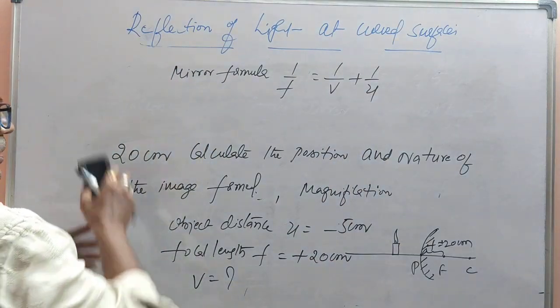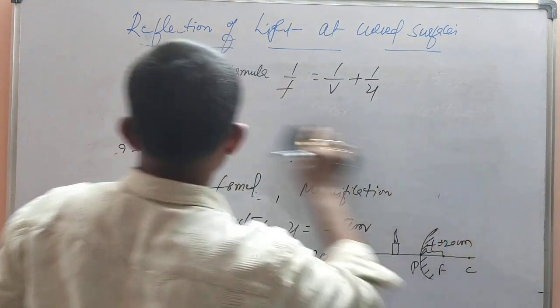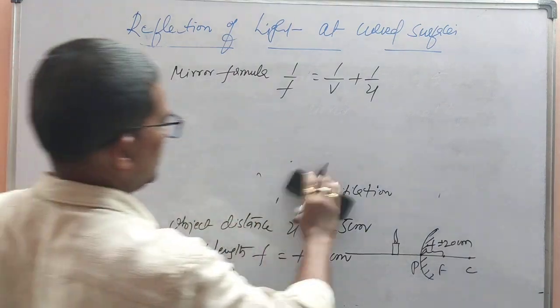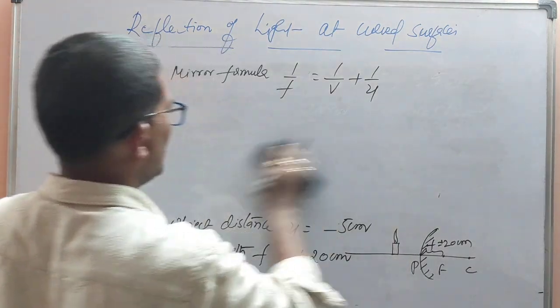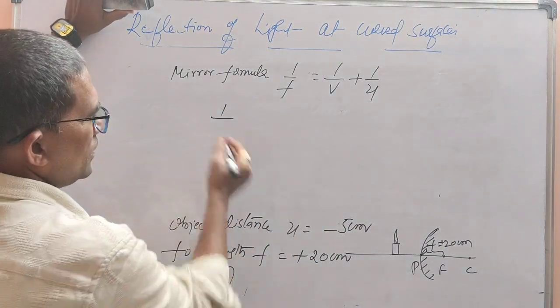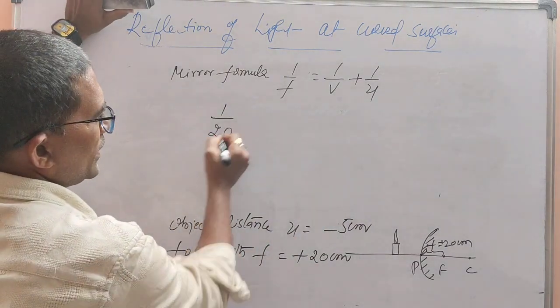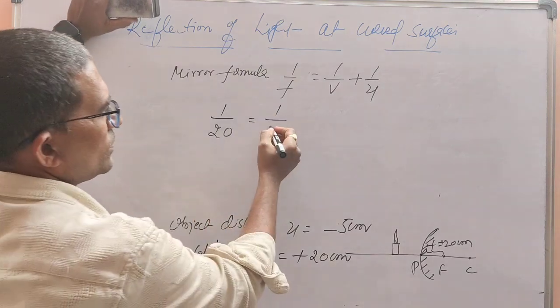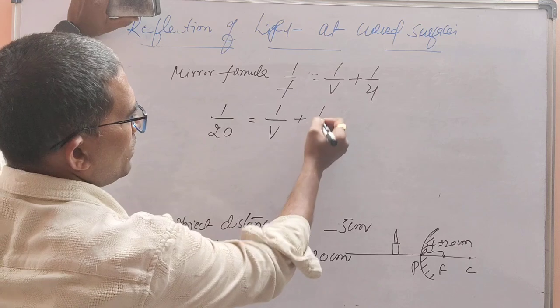Now, focal length is how much? By substituting the focal length, that is plus 20, simply writing 1 by 20 is equal to 1 by v plus 1 by u. How much is u?